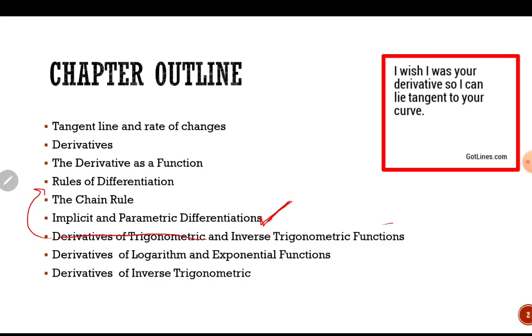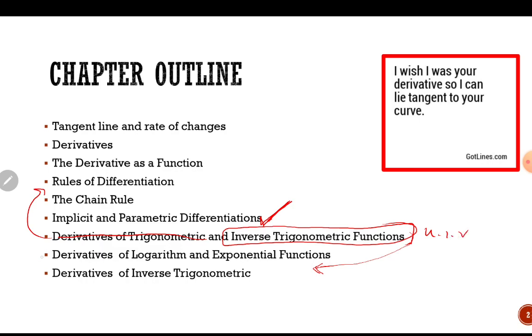And here we're going to discuss inverse of trigonometric functions later on. We'll go quickly towards the end of this part. We'll KIV this one for later.